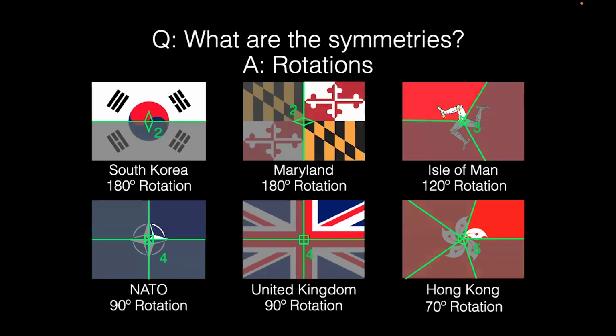Now I'm going to divide up one of these fundamental domains, and we'll look at the Isle of Man because it's a pretty silly flag. To complete the pattern, I don't do quite the same thing I did with the mirrors where I could just flip them over. Here, flipping it over means a heel would be next to a heel, so I can't do that.